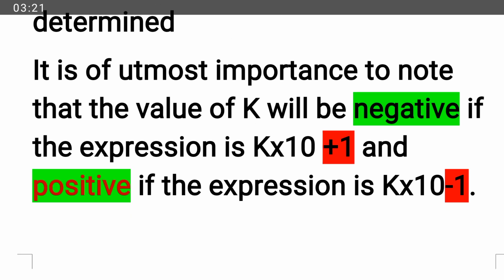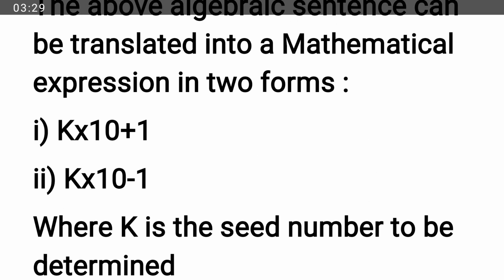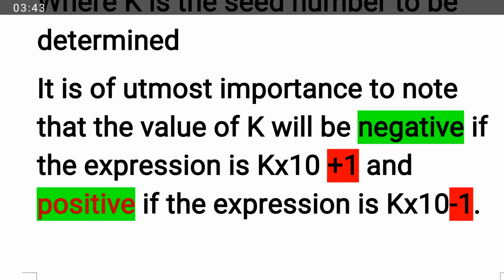It is of utmost importance to know that the value of k will be negative if the expression ends with plus 1, and the value of k will be positive if the expression ends with minus 1.